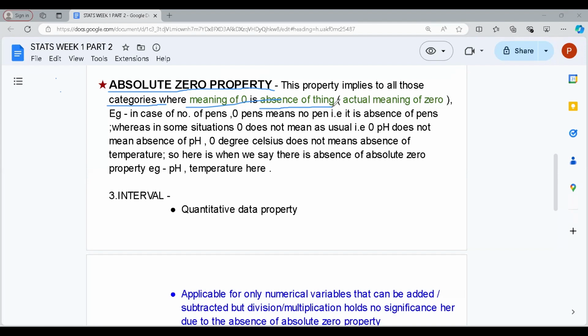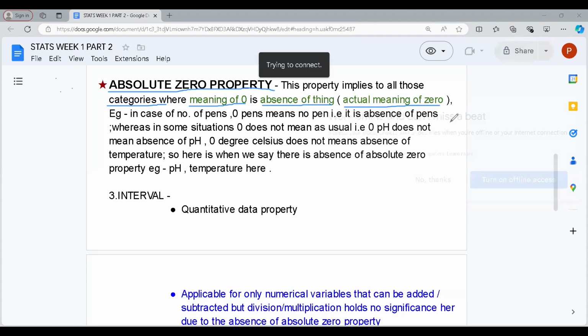Now, what do I mean by this? That the meaning of zero means absence of thing is the actual meaning of zero. For example, in case of number of pens, 0 pens means no pen. That is, it is absence of pens.